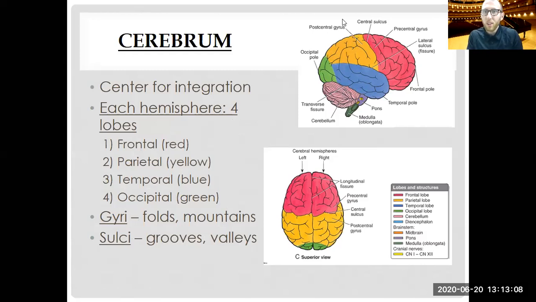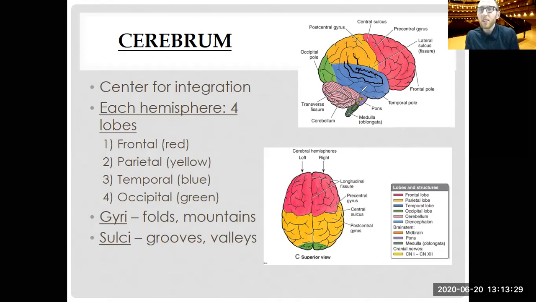A fold would be like this area here, almost like a mountaintop. But in between the mountaintops, you've got a valley. So these indents would be the sulci or grooves. Very important to know those, because those will tell us quite a bit about the functioning aspects of the brain.